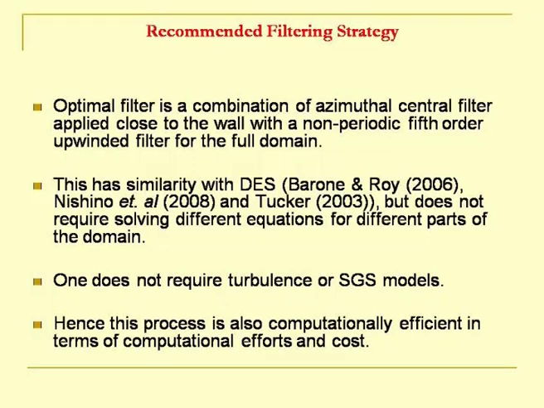However, we have seen azimuthal filters have this tendency to change the physical nature of the flow. So, what you should do is basically apply azimuthal filter, which can be a central filter, but apply it only close to the wall, whereas in the radial direction you have to use a non-periodic filter, and an upwinded filter is found to be the best.